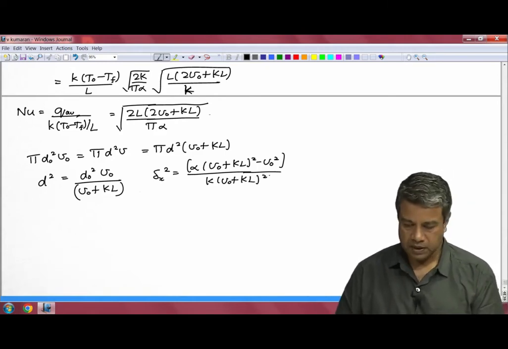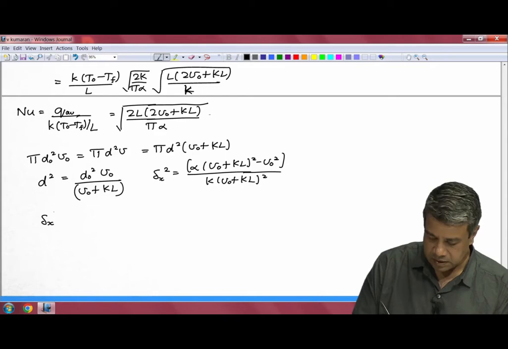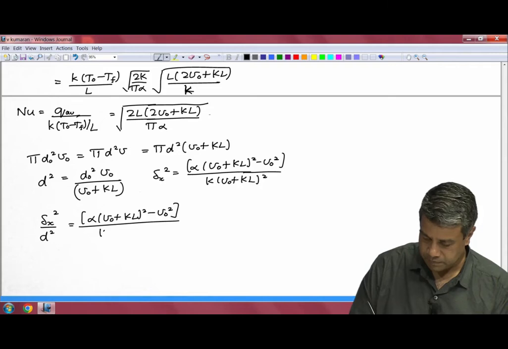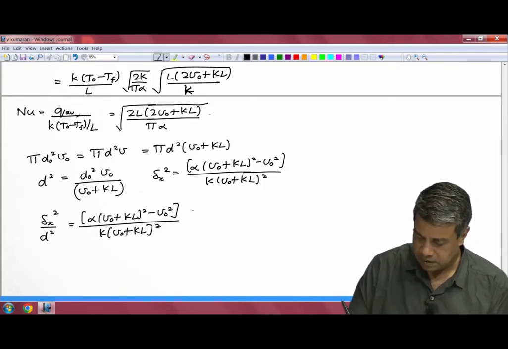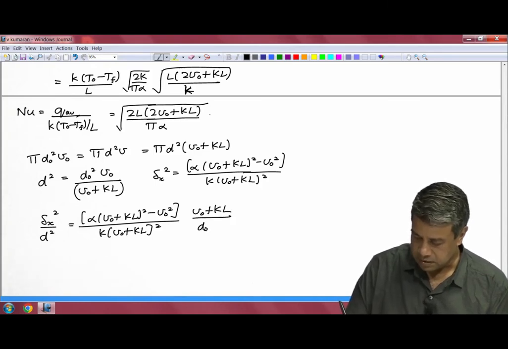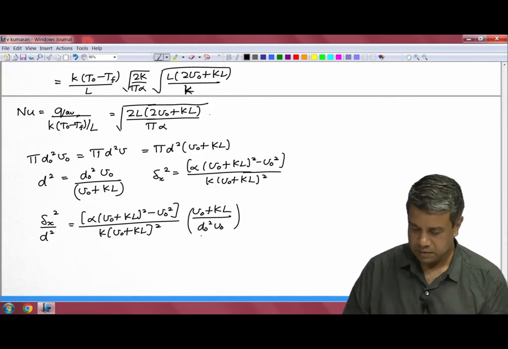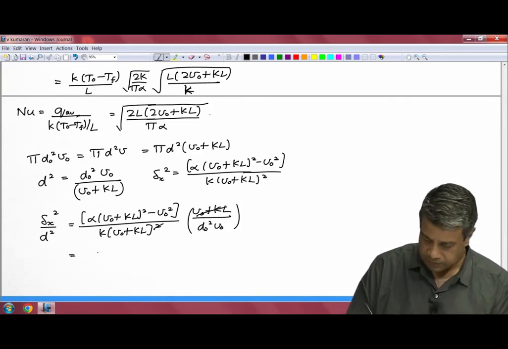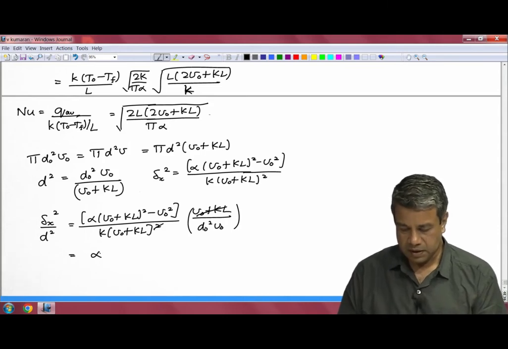So, if I take the ratio delta x square by d square, I will get alpha into V naught plus K L the whole square minus V naught square, into V naught plus K L by d naught square V naught. And these two can cancel out and you will get alpha. I can expand this out.